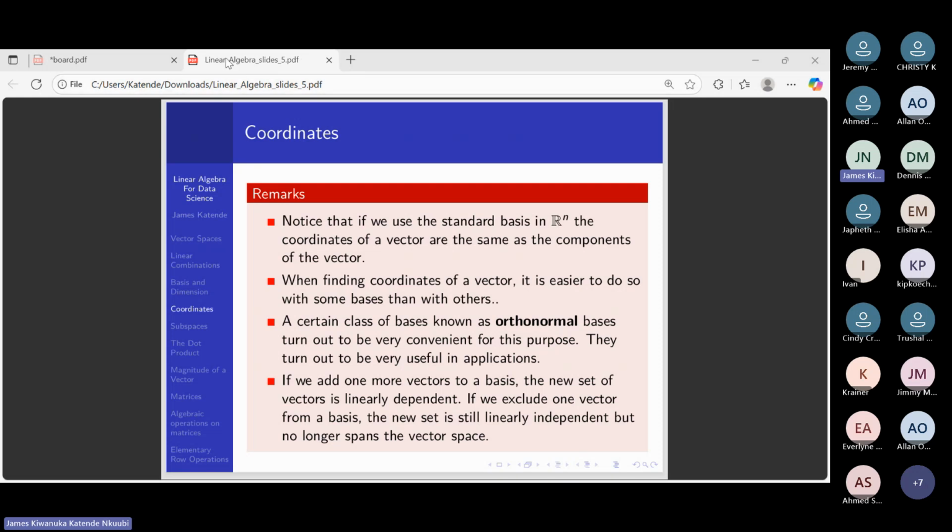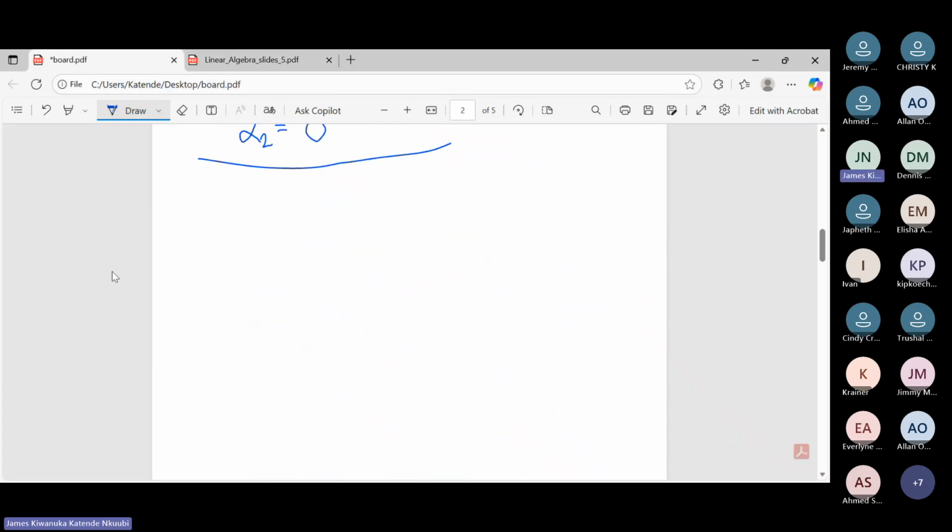For instance, the simplest example, but maybe too simple and misleading, is this one. If I have a basis {(1, 0), (0, 1)} for R2 consisting of these standard basis vectors, so this is a set that consists of these two vectors that form the standard basis.